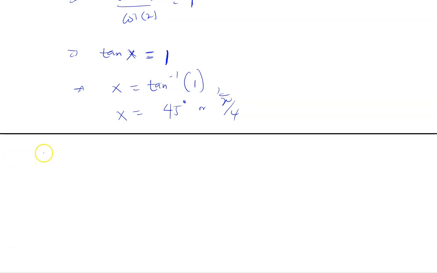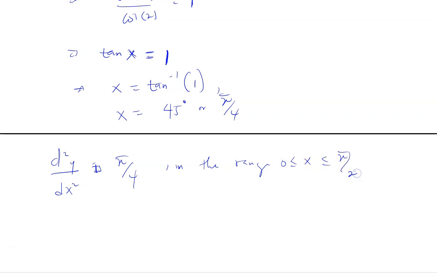So d²y/dx² will be given as x equals pi on 4 in the range 0 is less than or equal to x, is less than or equal to pi on 2.